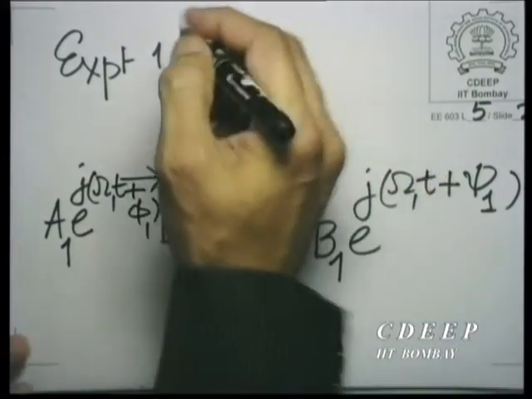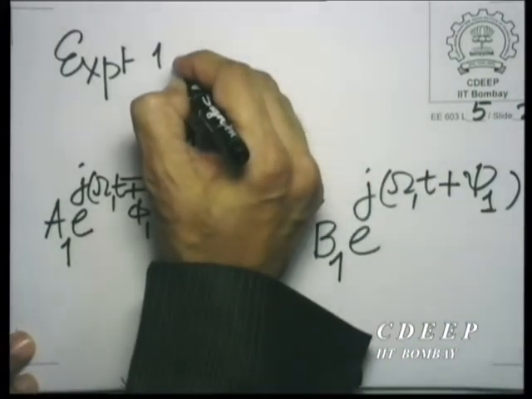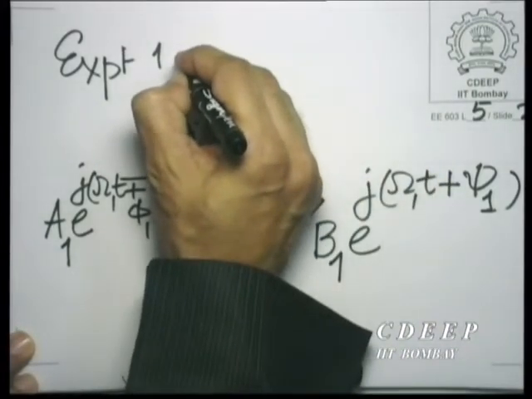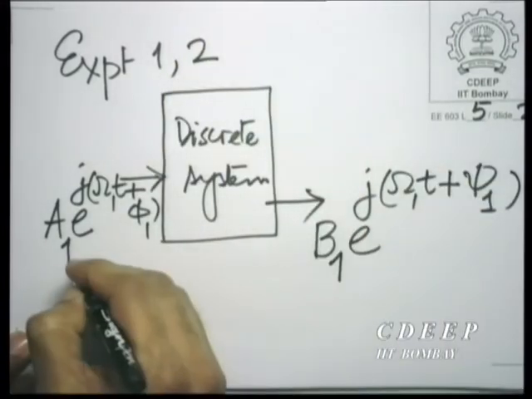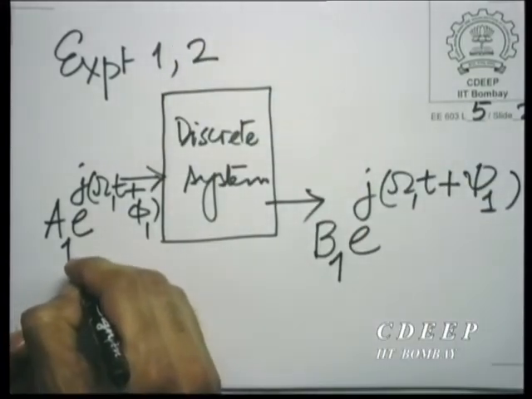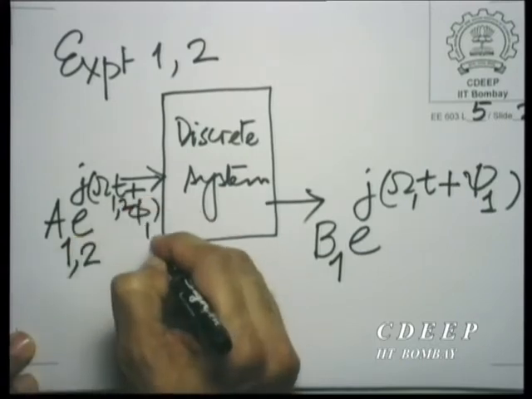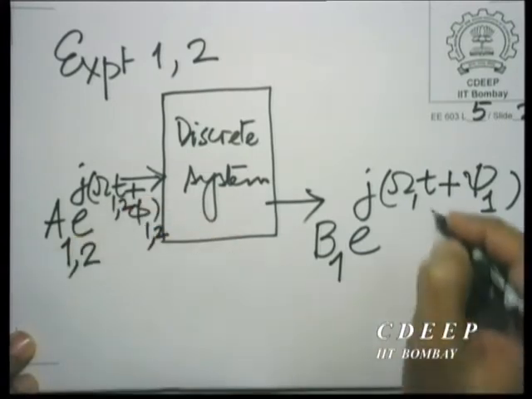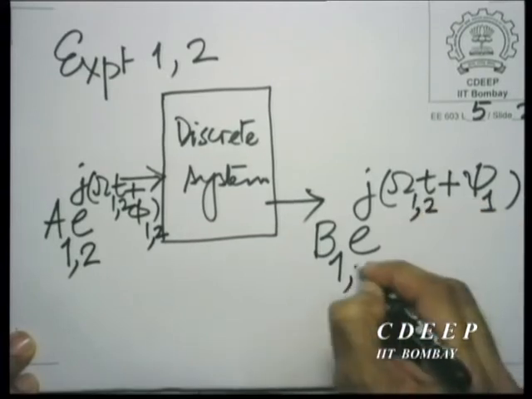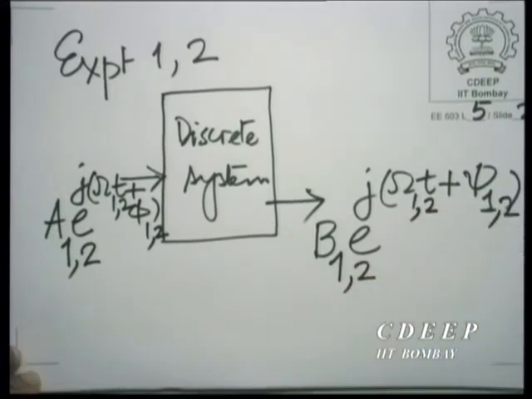And in fact, now we will use a shorthand notation. We will perform experiments 1 and 2, in which we respectively have A 1 and 2, omega 1 and 2, phi 1 and 2. You see, this is a shorthand notation for capturing two experiments of a very similar nature in one drawing. You must interpret it that way when you read something like this.